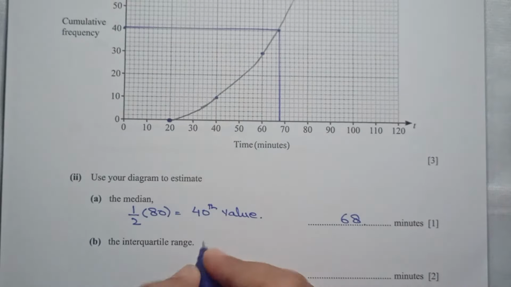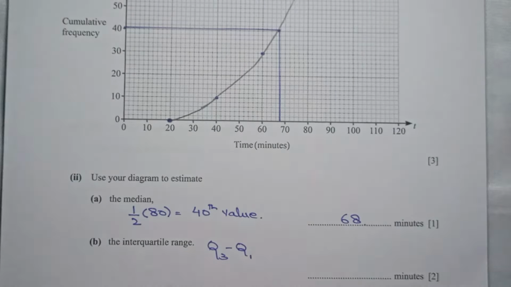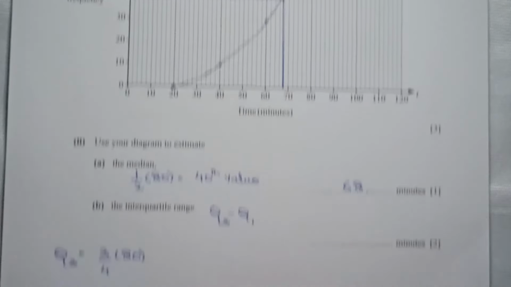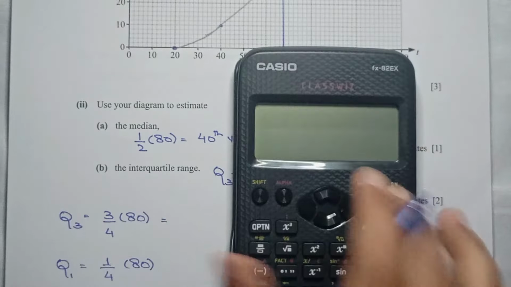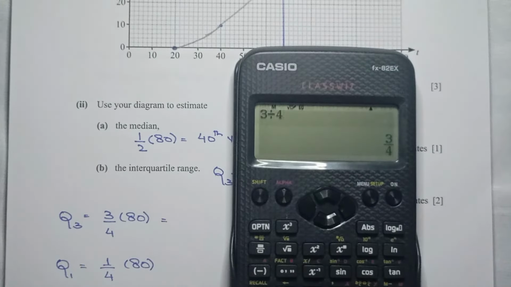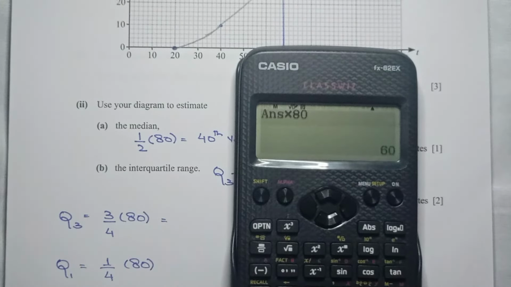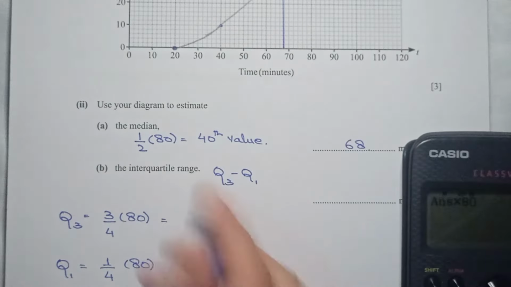Now for part B, the interquartile range. The interquartile range is basically Q3 minus Q1, right? Q3 is 3 by 4th of the value, that is 3 by 4th of 80. And Q1 is 1 by 4th of the value, that is 1 by 4th of 80. So let's see what Q3 is. For 3 by 4th of 80, we need to find the 60th value.